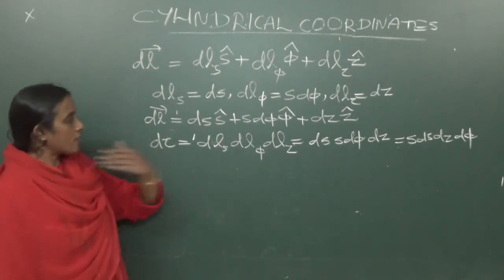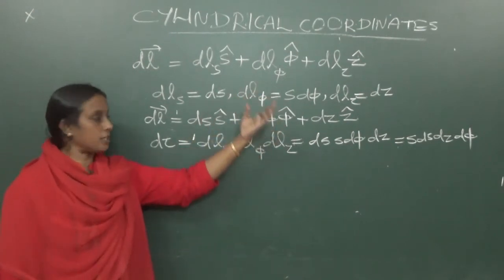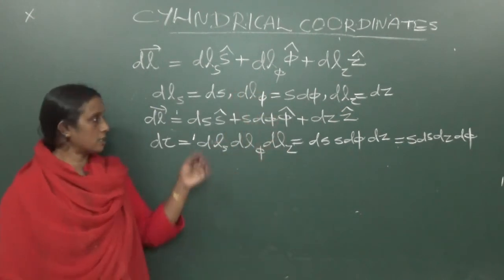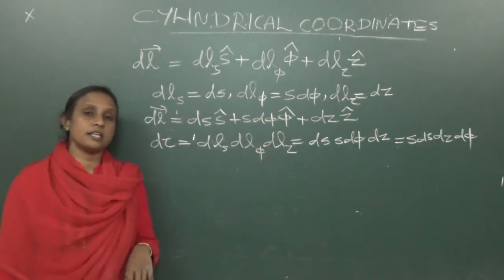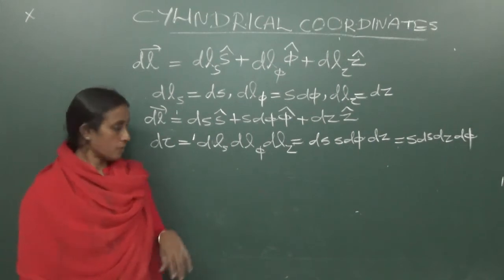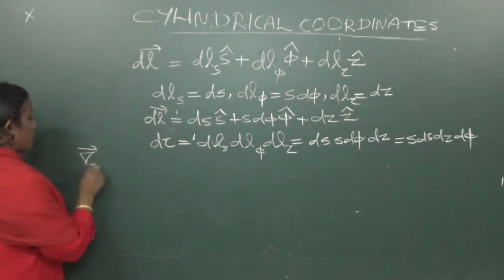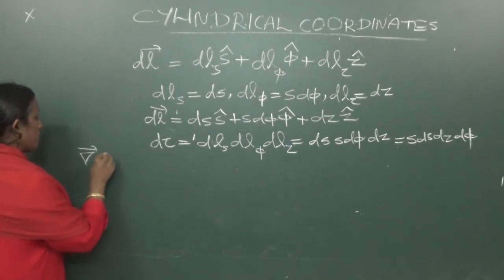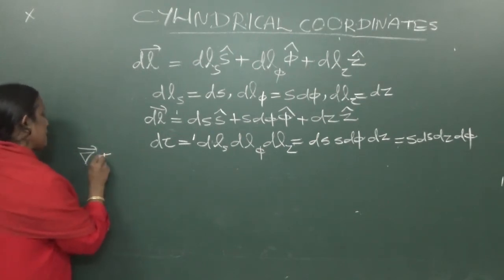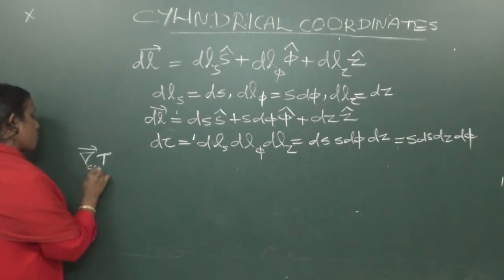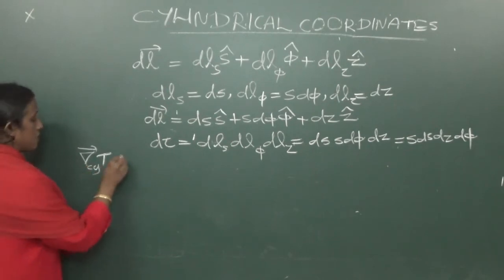Now we can write the gradient and different differential operators in this cylindrical coordinate system. Suppose we want to find the gradient of T in the cylindrical system. For that I take a subscript Cy here.